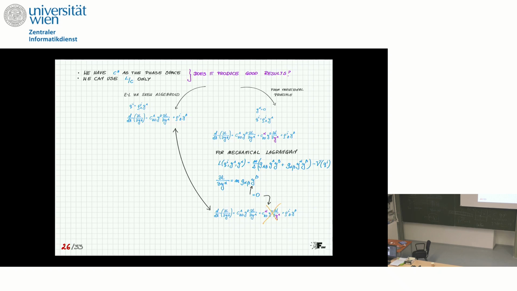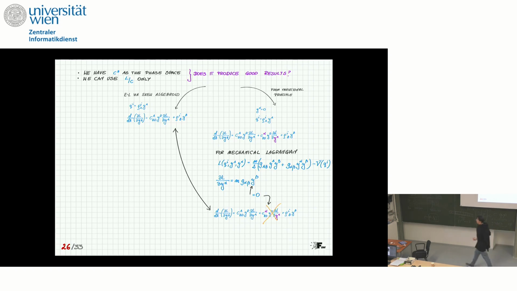So, of course, there is a natural question: what if it is not a mechanical Lagrangian? And we know there are examples of Lagrangians which are not mechanical. For example, if you switch on the magnetic field and your particles or your bodies moving there are charged, then you will have an additional linear dependence on velocities, and you cannot do that.